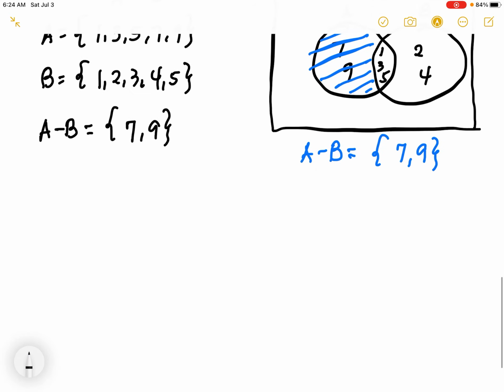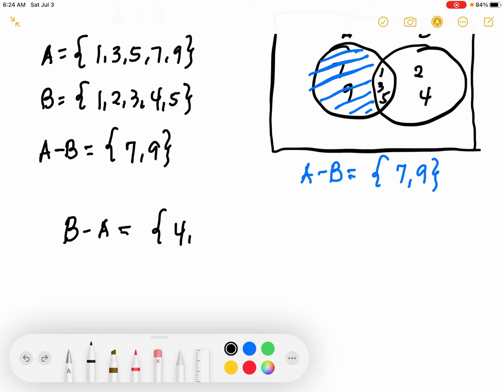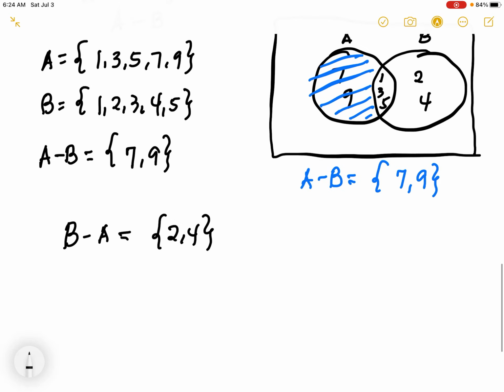Next, we have B minus A. I will be using the same elements. For B minus A, the answer would be 4 and 5. Oh no, 2 and 4, sorry. That is 2 and 4, because 2 and 4 are the elements that we cannot find in set A. Now, if we are going to represent that in a Venn diagram, we have this.